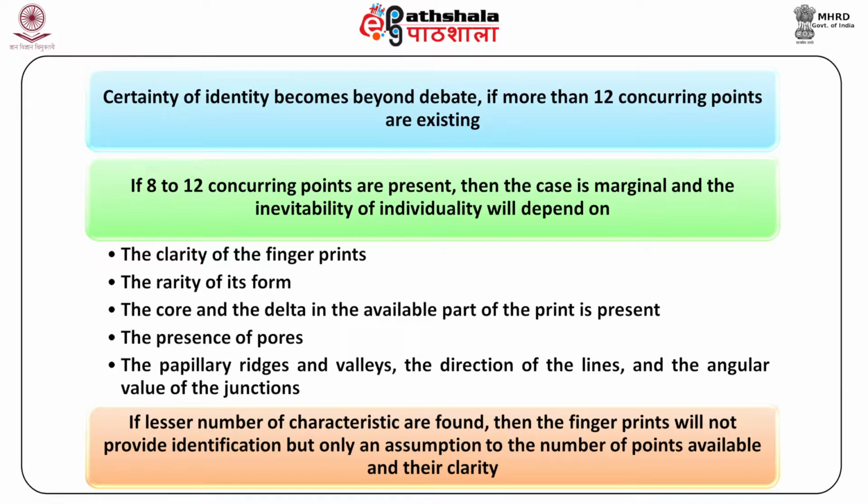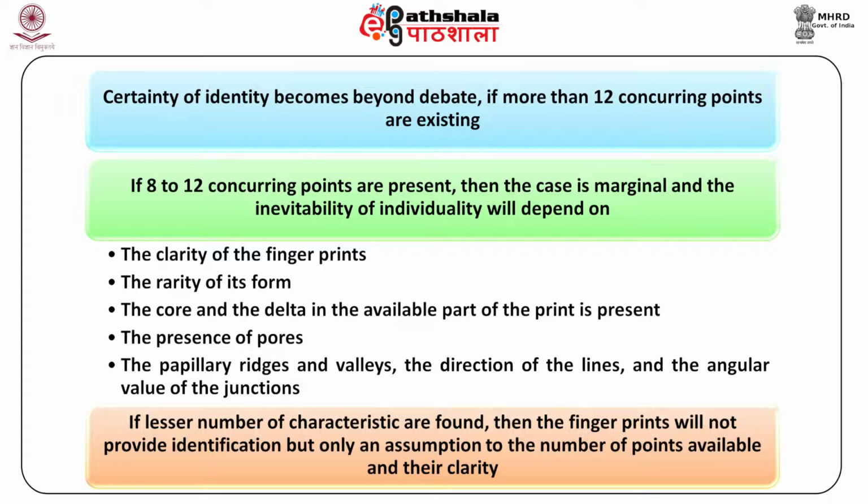If 8 to 12 concurring points are present, then the case is marginal and the certainty of individuality will depend on the clarity of the fingerprint, the rarity of its form, whether the core and delta are present in the available part of the print, the presence of pores, which is called poroscopy, the papillary ridges and the valleys, the direction of lines and the angular value of the junctions, that is edgeoscopy.